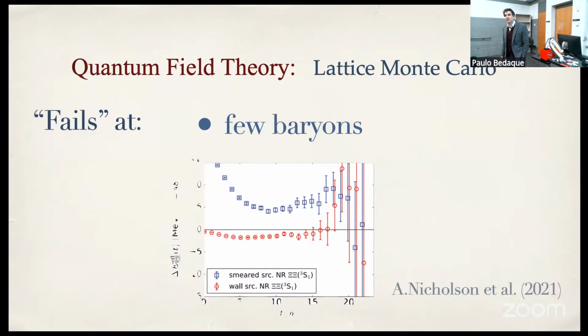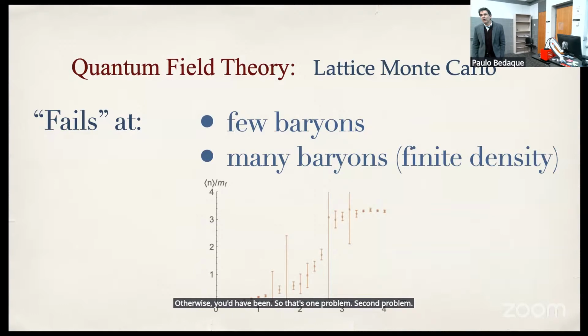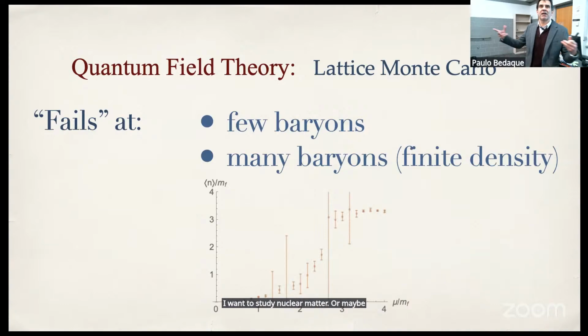That's why nuclear physics hasn't been solved yet. Otherwise, it would have been. So that's one problem. Second problem. Suppose you don't have 1 or 2 protons, but a lot of them. I want to study nuclear matter, or maybe dense matter like that found in neutron stars and things like that. Then I have a macroscopic number of fermions.